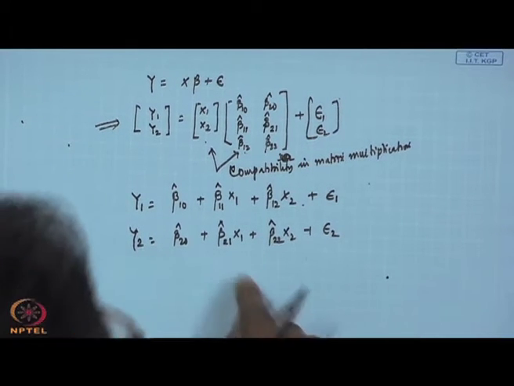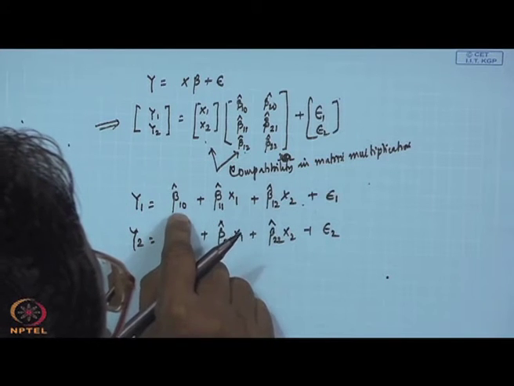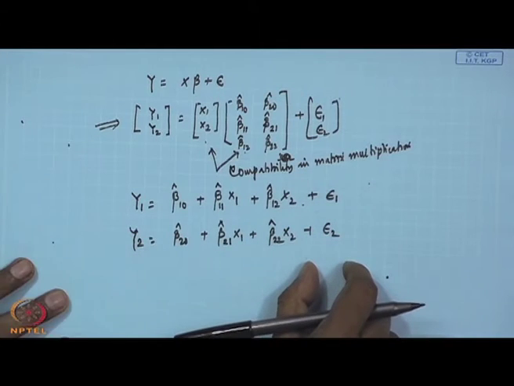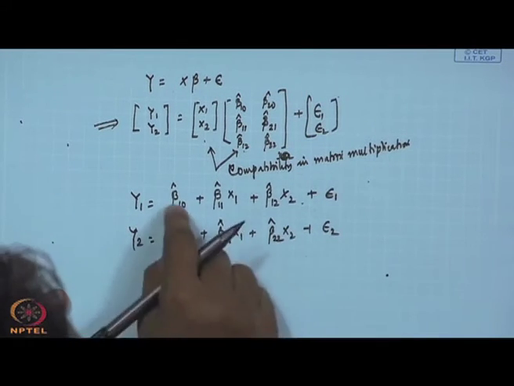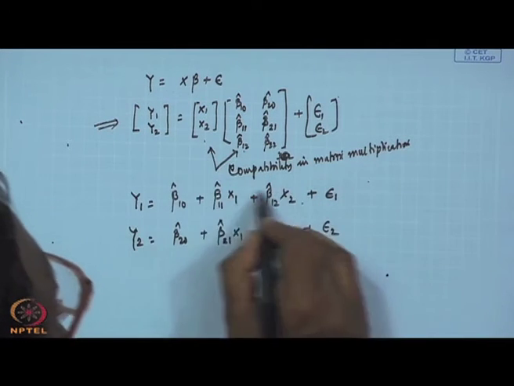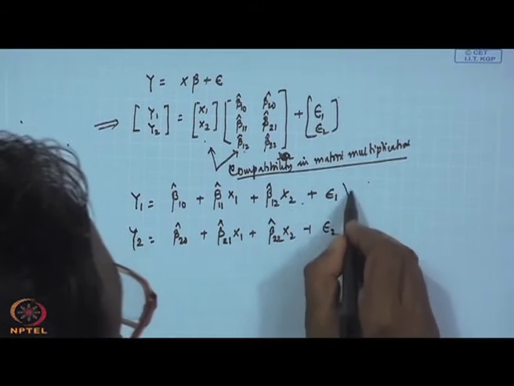So if you write like this, beta row-wise and on this side x1 and x2, this into this plus this into this, that way you get it. Here I told you that matrix compatibility is required, but this is the resultant equation.